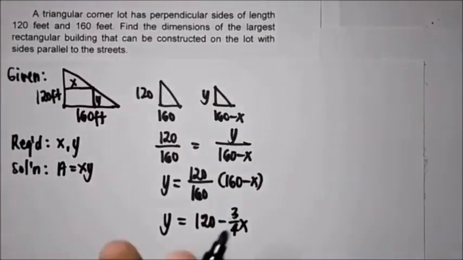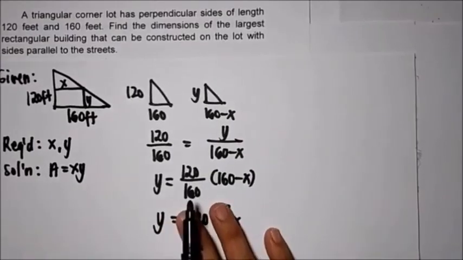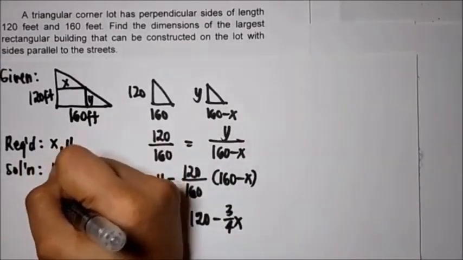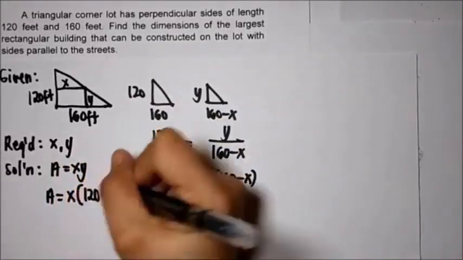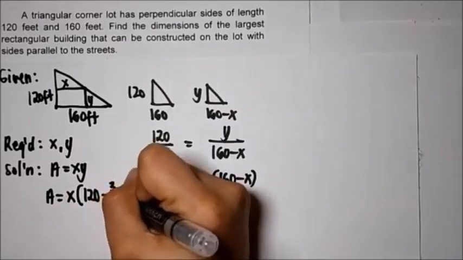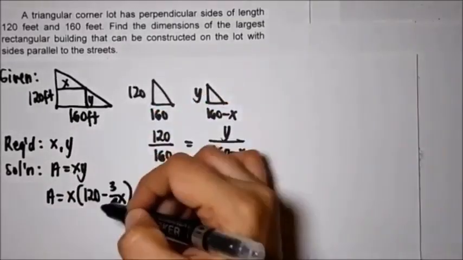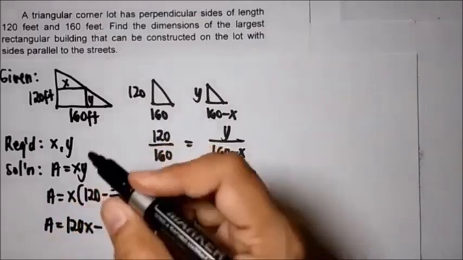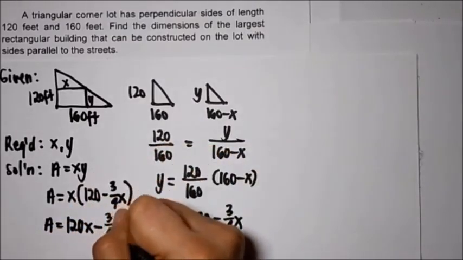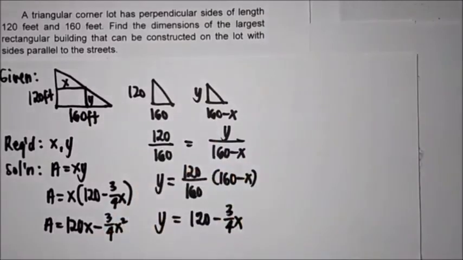So let's substitute that into our area. So what would be our area now? Area is x times the value of y, which is 120 minus 3 over 4 x. Let's distribute the value of x. So we have 120x minus 3 over 4 x squared.